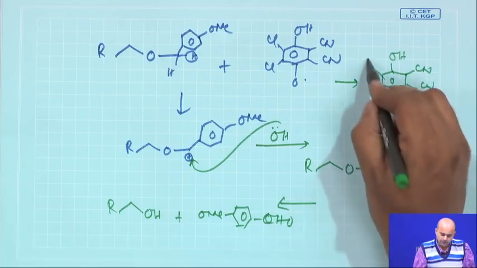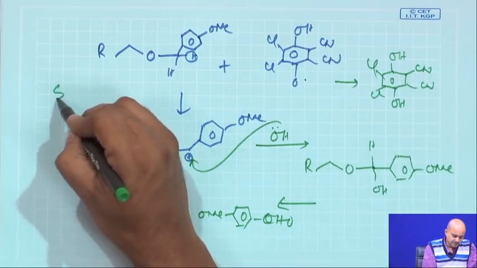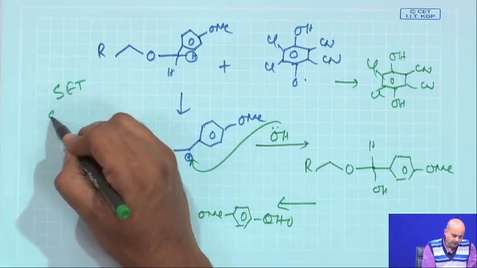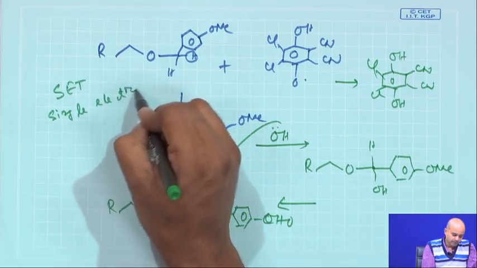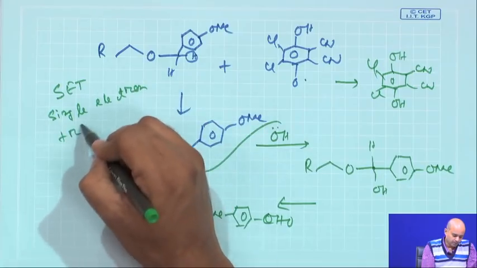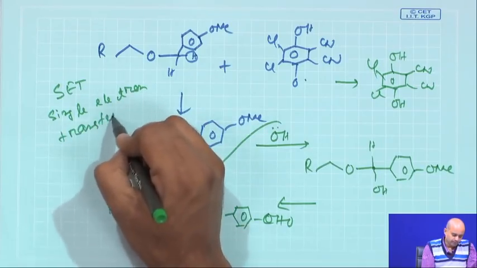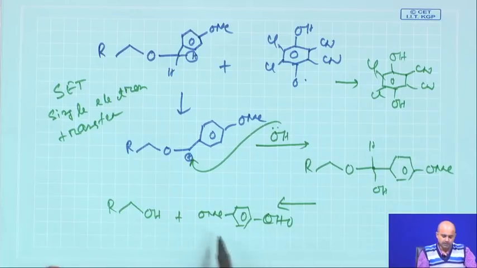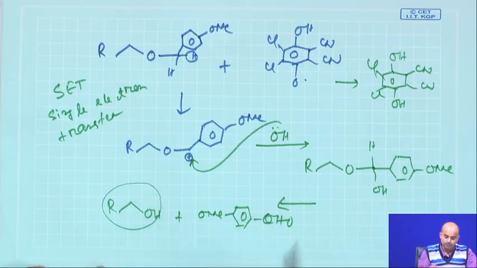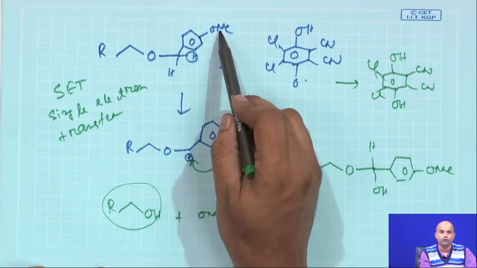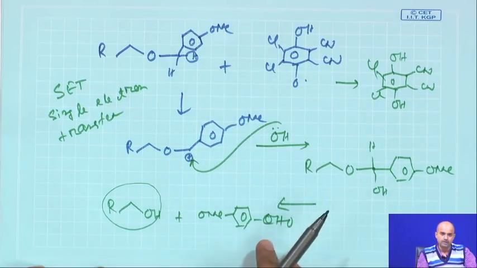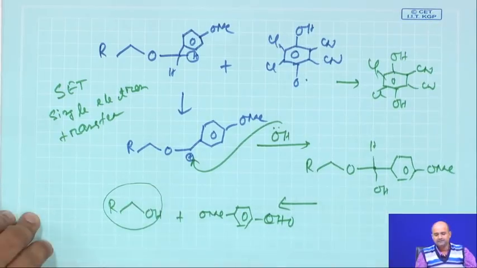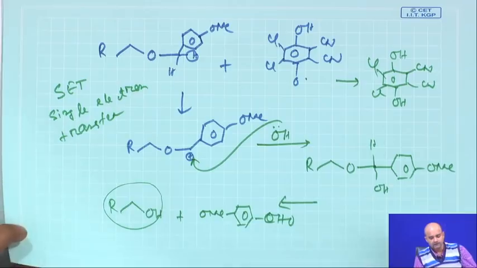So, this is a nice SET reaction. SET means a single electron transfer mechanism takes place, and the driving force is the presence of this 4-methoxy group, which helps the selective removal of PMB in the presence of benzyl. In some cases DDQ also removes benzyl under very harsh conditions.